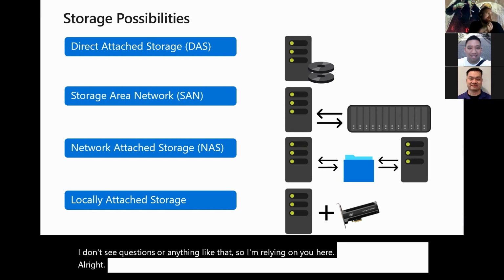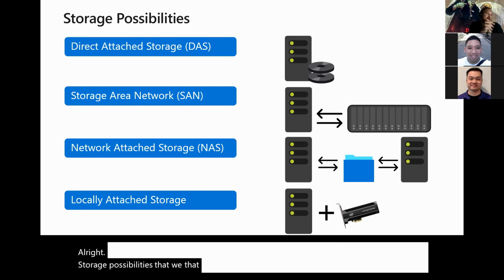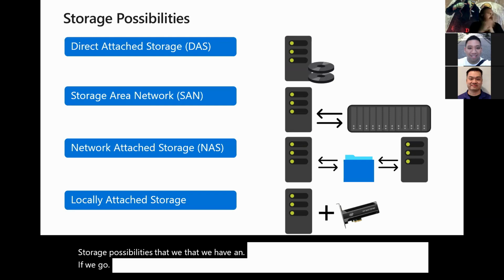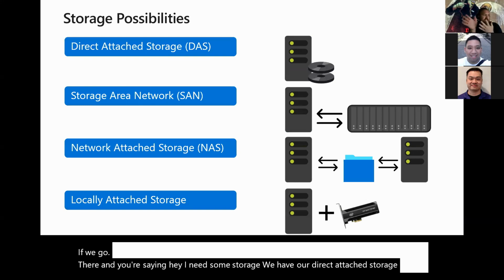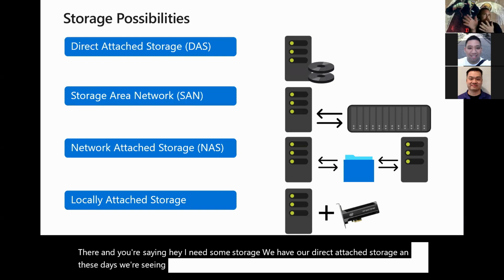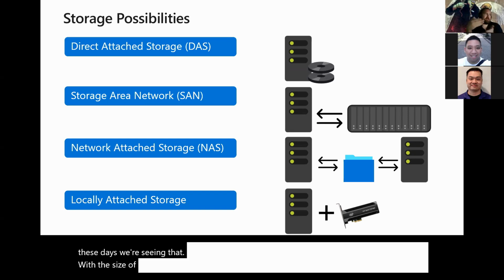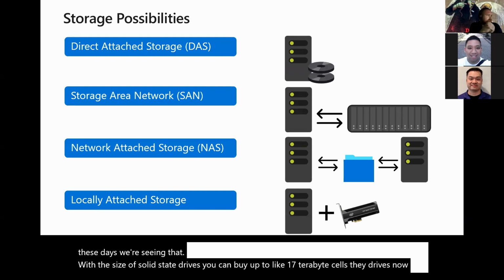Storage possibilities that we have. If you go out there and you're saying, "Hey, I need some storage," we have our direct attached storage. These days, we're seeing that with the size of solid state drives, you can buy up to like 17 terabyte solid state drives now and 10 terabyte spinning rust type drives.